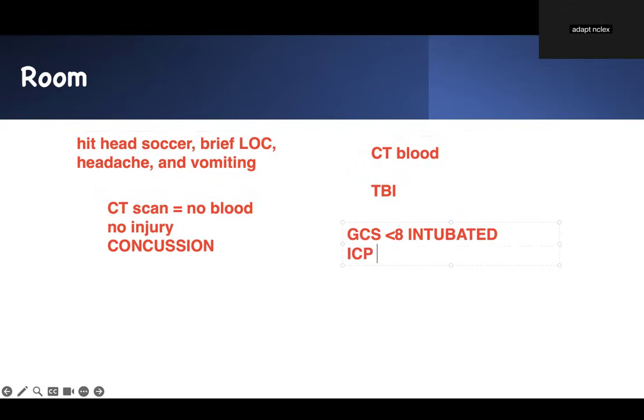Monitor ICP in this patient. What do you do? Raise the head of the bed. No suctioning. Keep the head midline. Okay. Don't let them bear down. All these things are how to manage ICP. Frequent neuro checks. I know you know it. I'm going to repeat it again because it's the key, right?